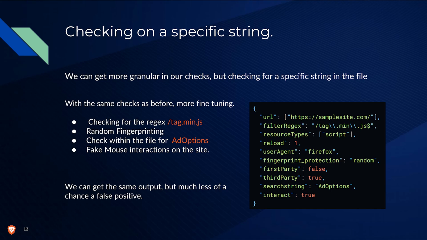You can look in the tag.min.js, search for the string, which in this case I chose add options, and then output the same domain. So you only get that badserver.com once it matches. If it doesn't match, it will skip it and move on to your next check. But if it does find it, you'll get that option and it'll bring it up.